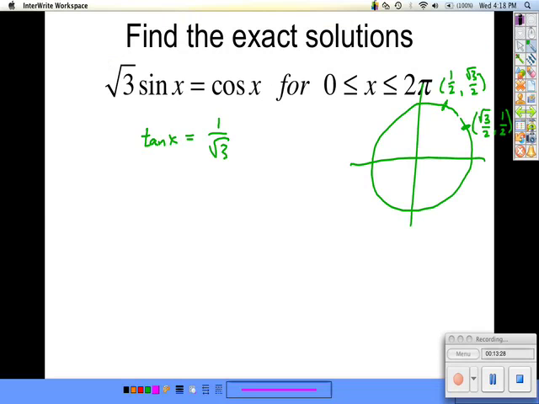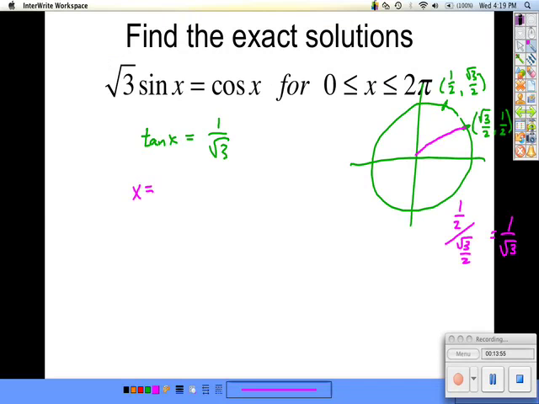And I don't have this memorized. I just simply try one of them, and if it doesn't work, it's got to be the other one. So tangent is sine over cosine. I'm going to try the pi over 6 angle. So we take 1/2, divide it by square root of 3 over 2. That's 1 over the square root of 3, which is what I want.